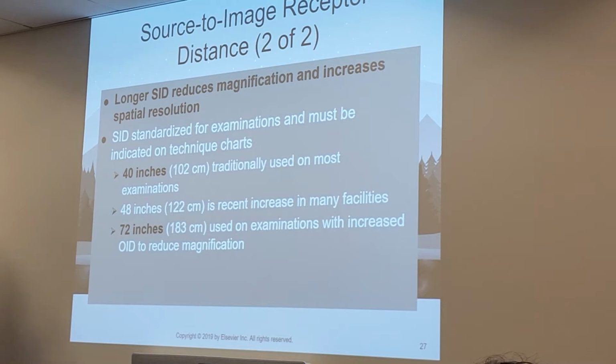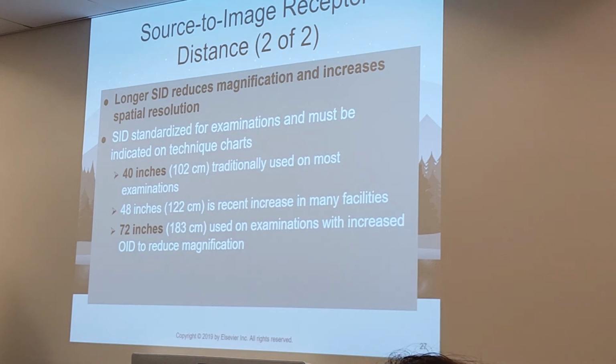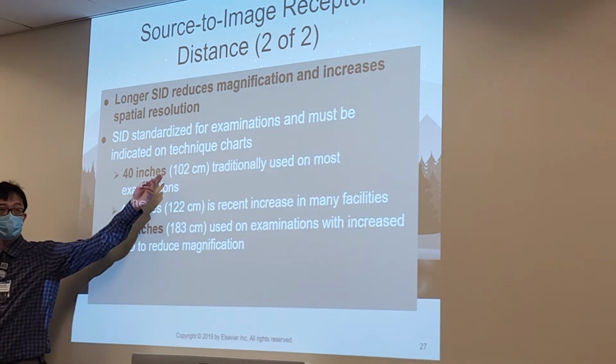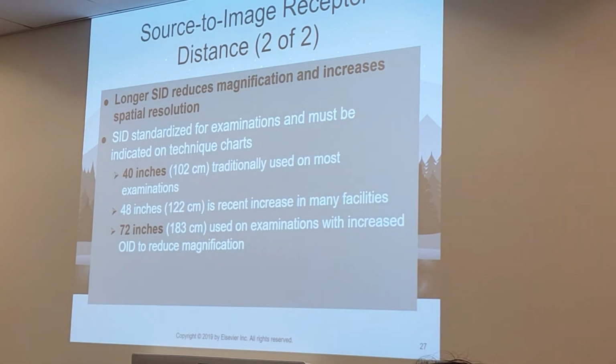So we do have two standardized SIDs, like we said, 40 inches and 72 inches. 40 inches is going to be about 100 centimeters. 72 inches is about 180 centimeters. I'm just rounding here. Right?